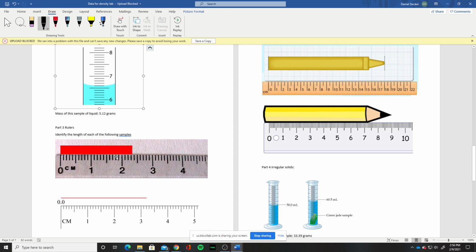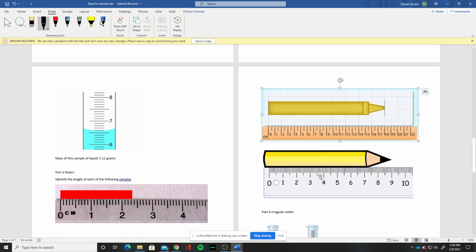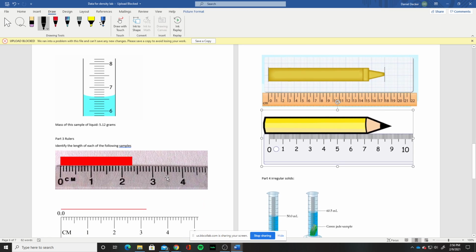So all I expect you to do for part C, or part 3 as I call it here, is just to look at these 4 images. So 1, 2, 3, 4. And give me your best estimation of the size of these 4 things.